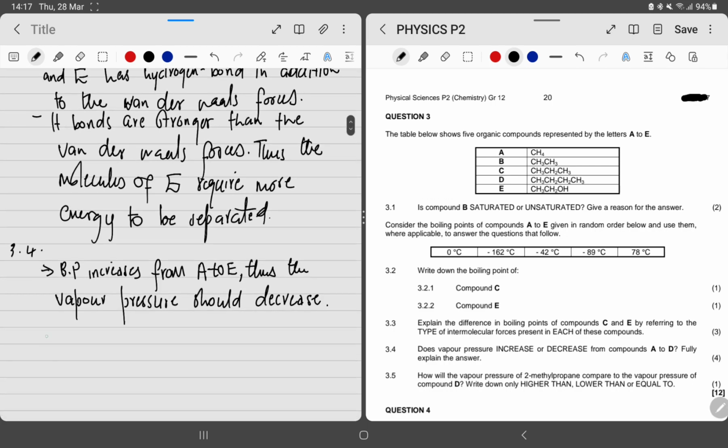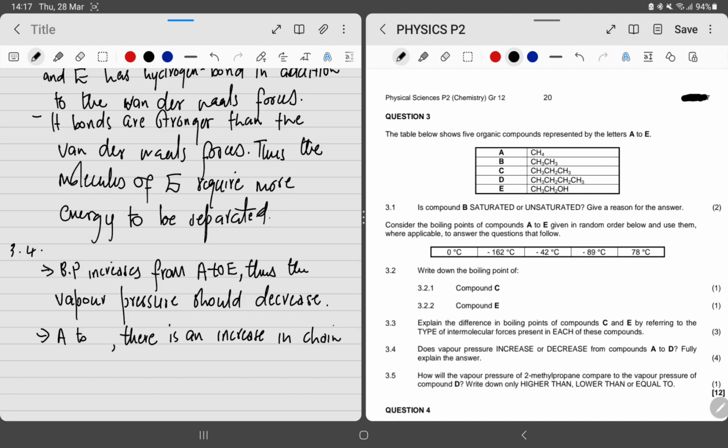And then we will say from A to E, there is an increase in chain length.